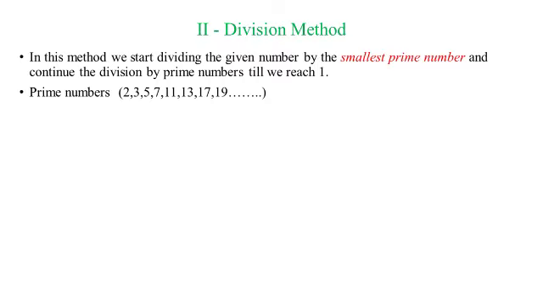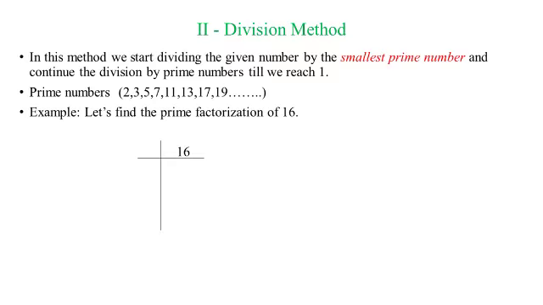Okay, let's start. Let's find the prime factorization of 16 using division method. This division is called upside down division. To express 16 as the product of prime factors, we have to begin with the smallest prime number that divides 16.